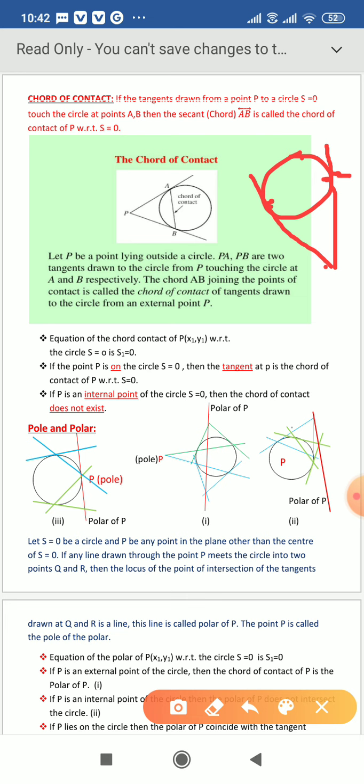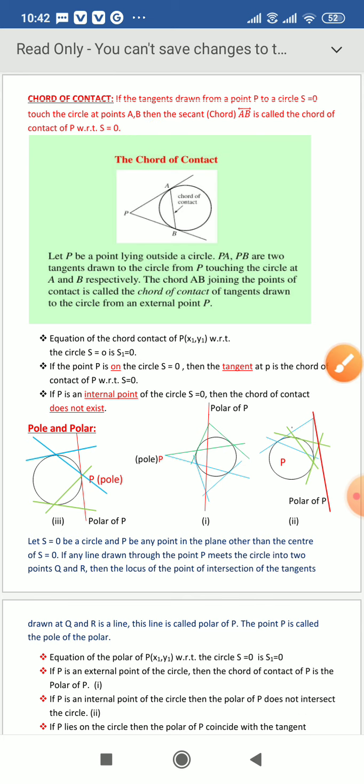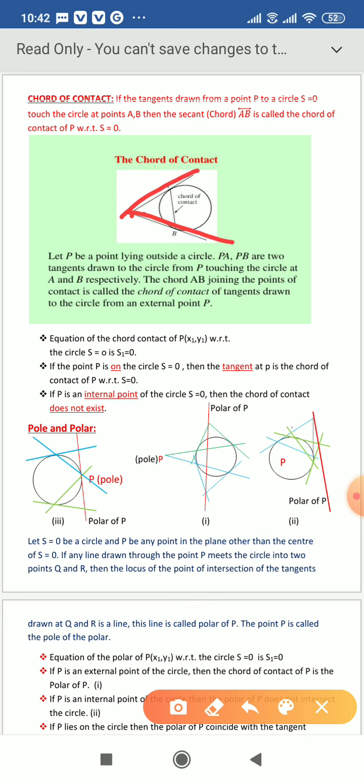Then the secant AB bar is called the chord of contact. This is A, this is B. We take a line like this. This is the chord of contact. Chord of contact is nothing but a chord that passes through the points of contact of the tangents drawn from a point P. Here this is the point P. We draw two tangents, this is one tangent, this is another tangent.